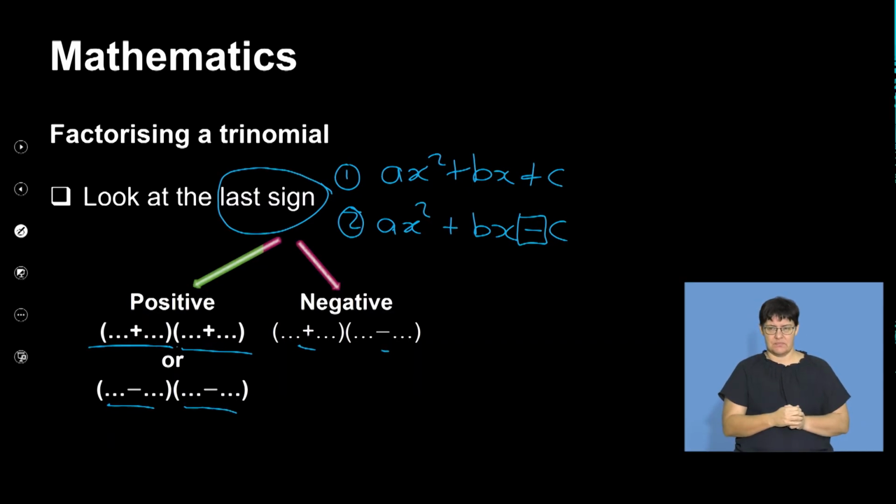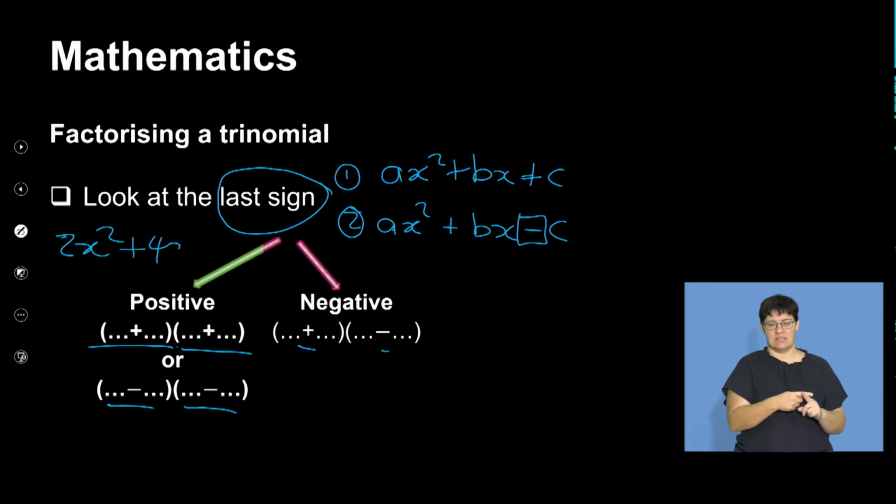So, if I have maybe 2x squared plus 4x plus 2 like this, right? Let me just make it 3 so that there is no common factor. The last term is a plus, then definitely my two brackets will be plus and plus, right? Let's look at another example.